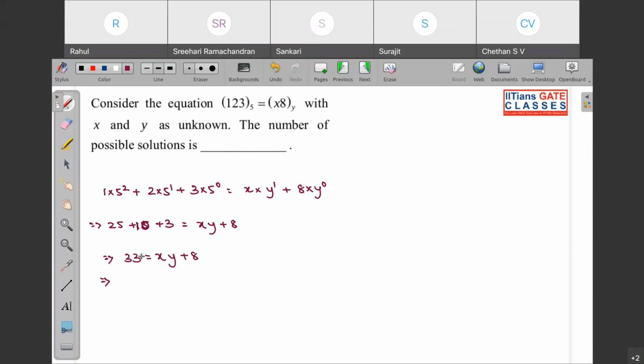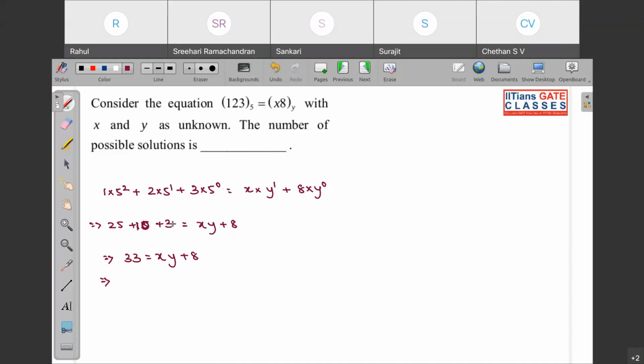What? XY is equal to 30. Have I done some mistake or what? XY is equal to 30. I am getting something else. So 1 into 5 square, 2 into 5 and 3 into 5, 0.